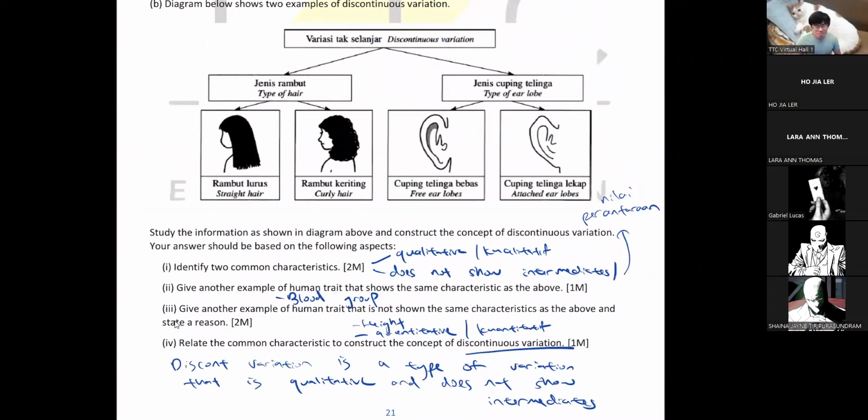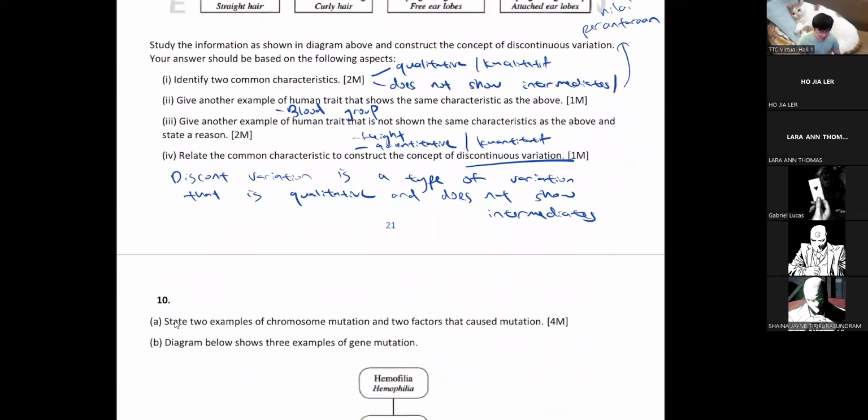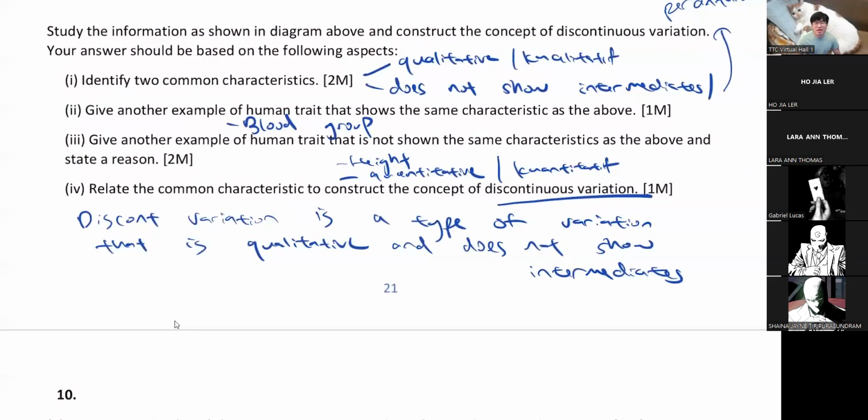My point is, as long as you study, you can do this question. Essay just sounds very scary, it's not that scary at all. It's just like your sejarah, you need to write essays too, right? As long as you memorize the points, you can answer them just like any normal question.